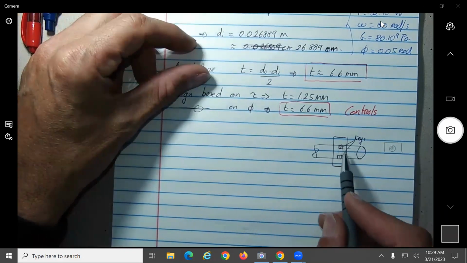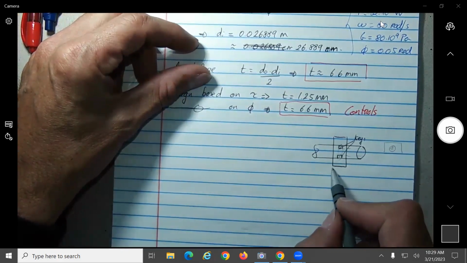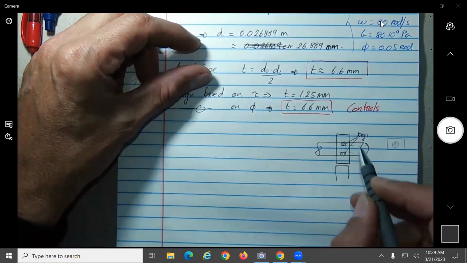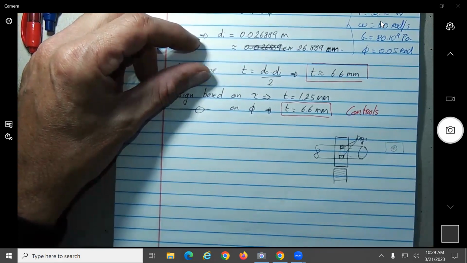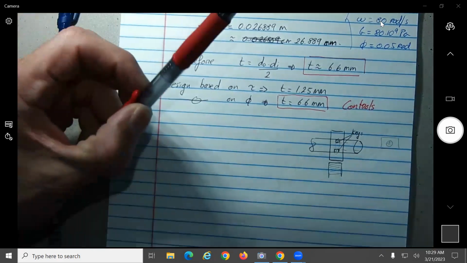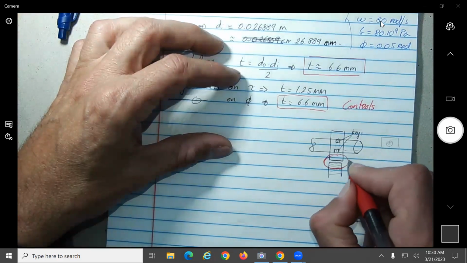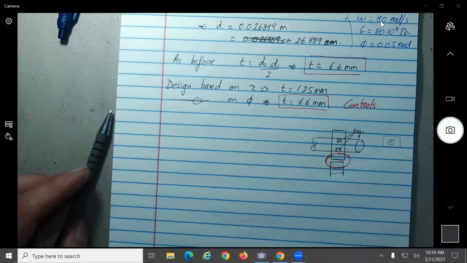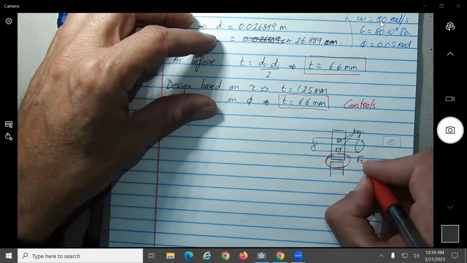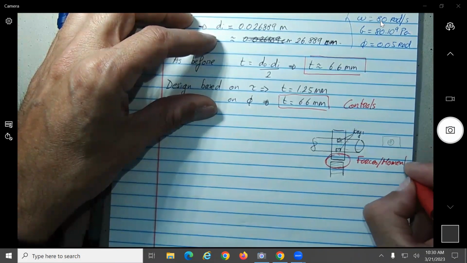So the next thing we're going to be doing is, one, looking at the connection of this, actually that will be two, but one, what I really want to look at is what happens when you connect one gear to another one. Generally you will have forces and moments.